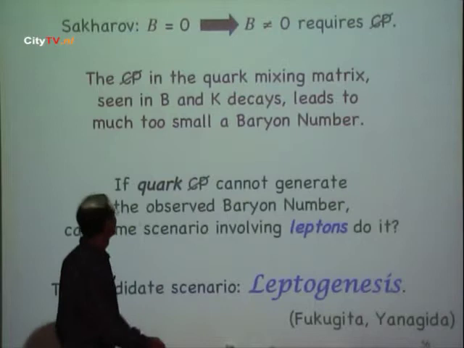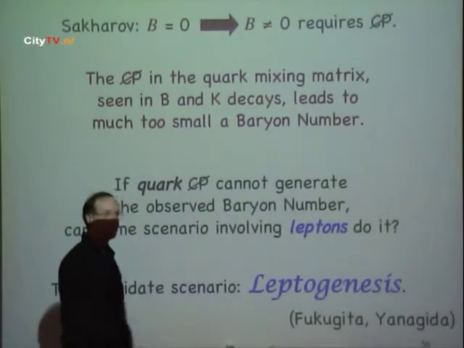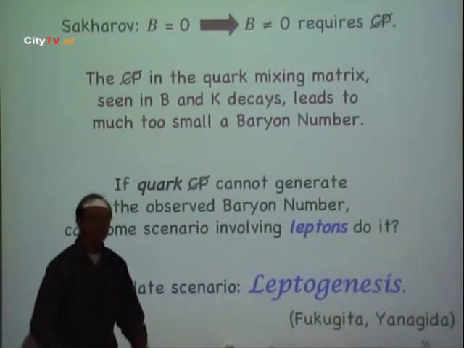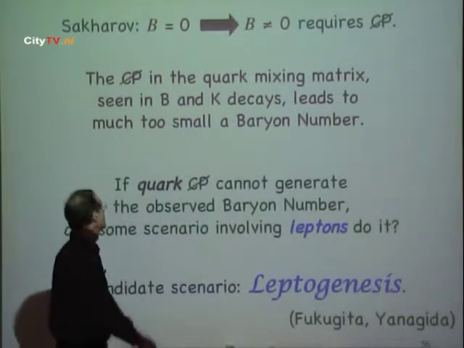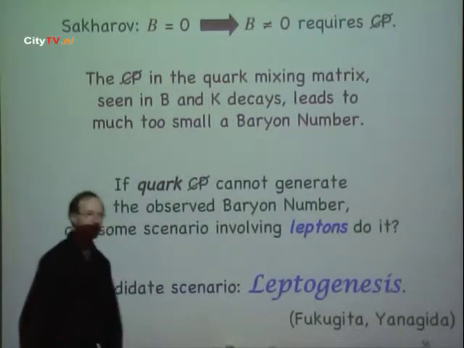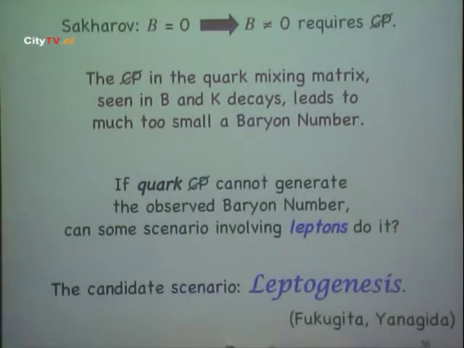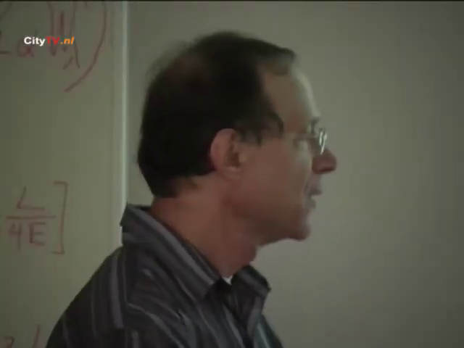What we can measure is the baryon number in several different ways, Big Bang nucleosynthesis, for example. So this we know, and this is what we'd like to explain. And there is, in fact, a leptonic scenario known as Leptogenesis, which can explain it, and I'd like to go through that with you.